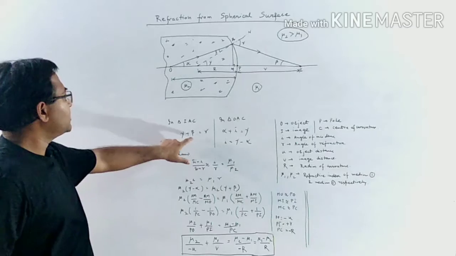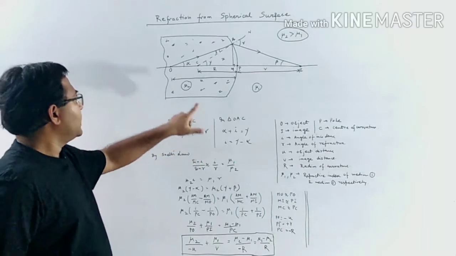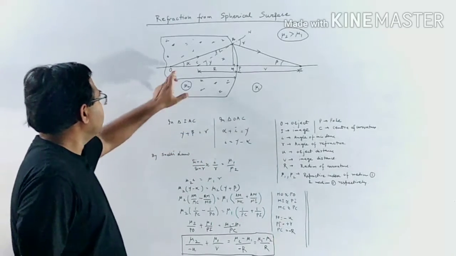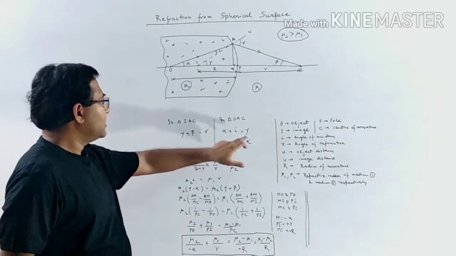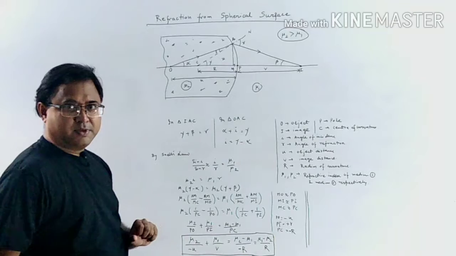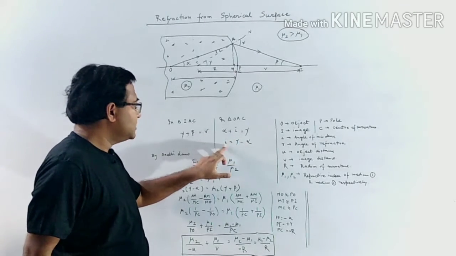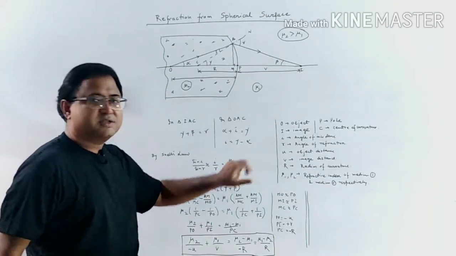So you can write gamma plus beta is equal to R. And in triangle OAC, gamma is the external angle, so you can write gamma is equal to alpha plus I. And from this we can write I is equal to gamma minus alpha.